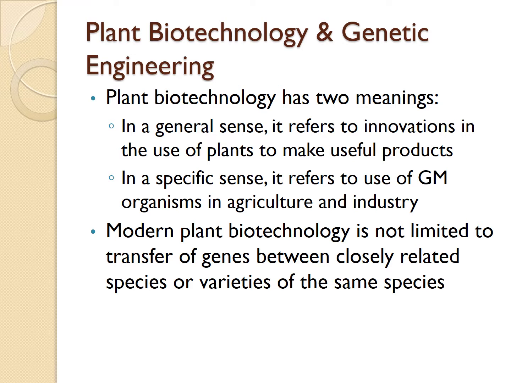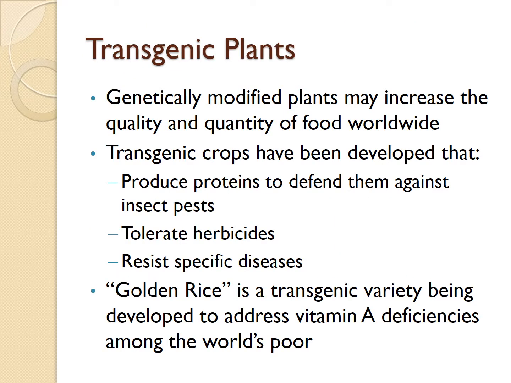And then, of course, it's not limited just to transferring the genes of closely related species. It can actually transfer genes from multiple different ones because of the fact that the genetic code is universal. So these genetically modified plants, they are made worldwide. We've figured out that there's not really many plants nowadays that aren't technically genetically modified in some way.